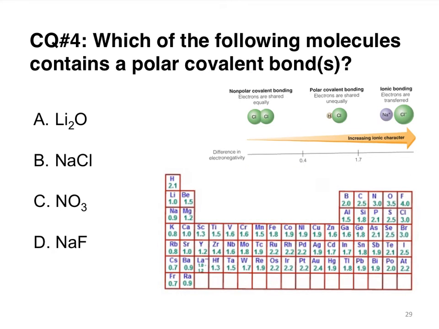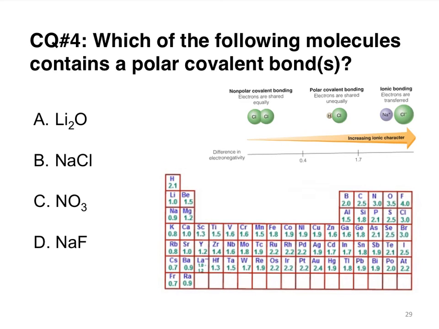An easy way of remembering this, as I said before, is that if one of your elements is in this column, and your other element in the bond is in this column, then you know it's going to be ionic. The reason is that this is so electronegative compared to this. If you do the subtraction, 3.5 minus 1, of course, hydrogen's an exception.